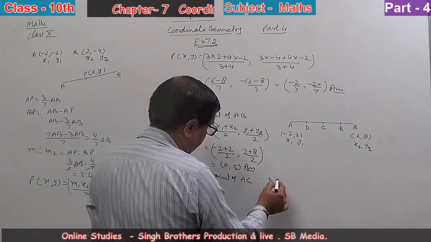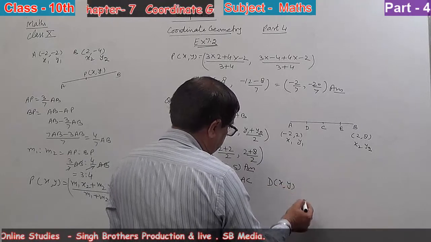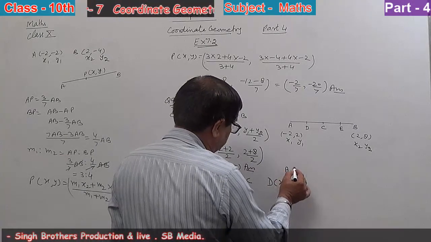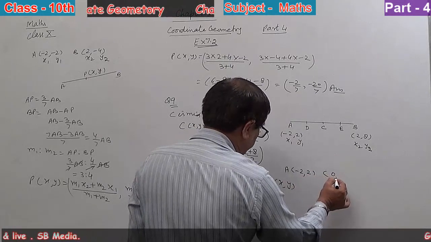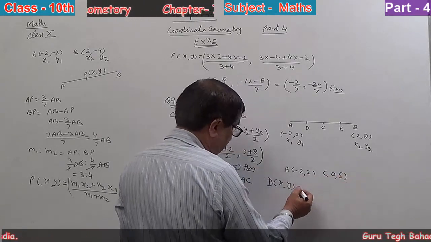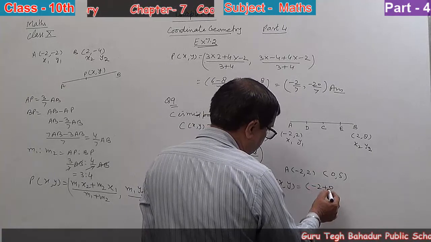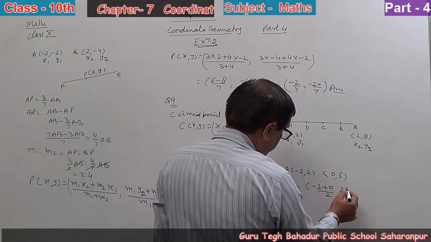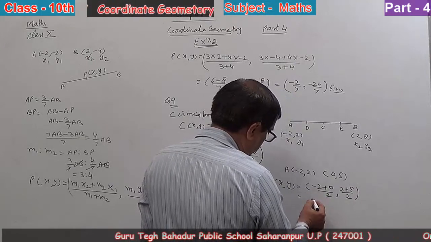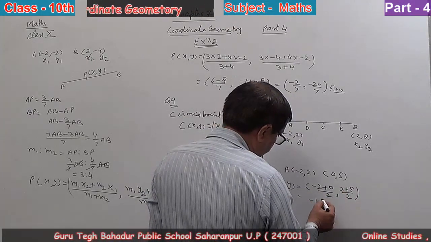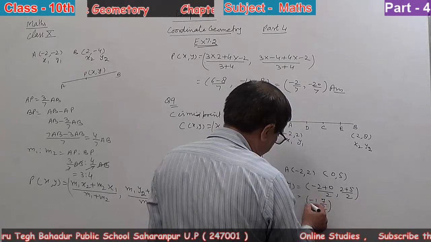So D coordinate (x, y): A is (minus 2, 2), C is (0, 5). So D is (minus 2 plus 0) upon 2, (2 plus 5) upon 2. So minus 2 upon 2 is minus 1 and it is 7 upon 2.